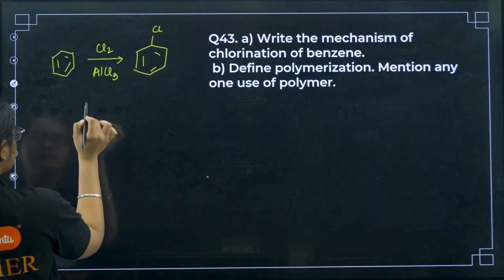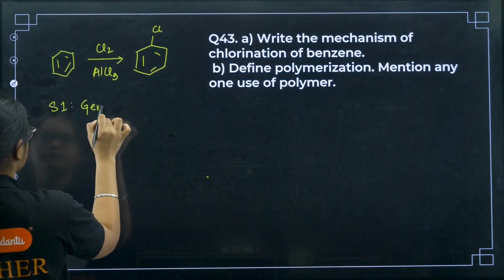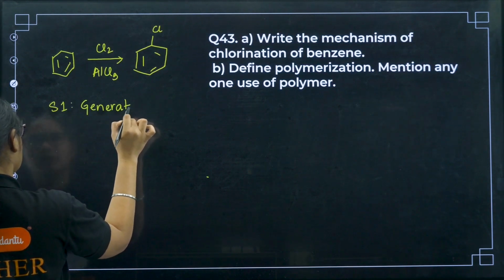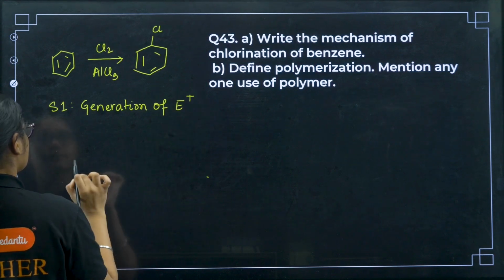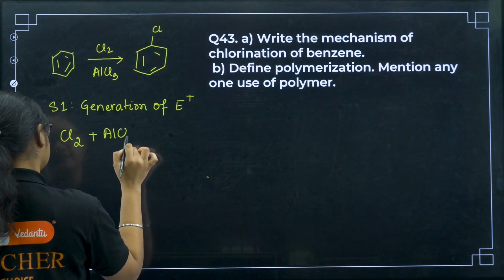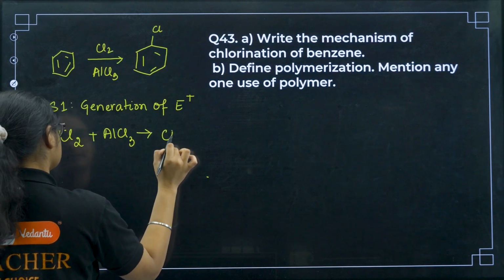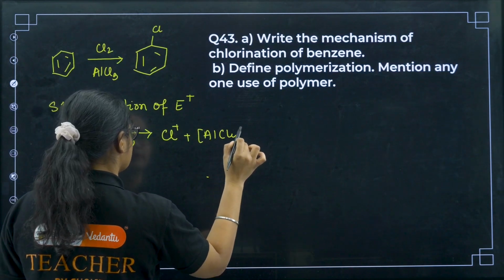Now what are the steps for that? Step number 1 here is generation of electrophile. So you have Cl2, you react it with AlCl3, you will get Cl+ and AlCl4-.